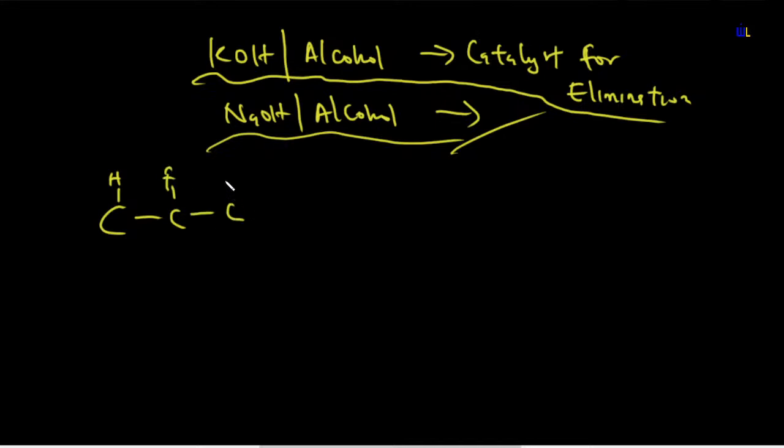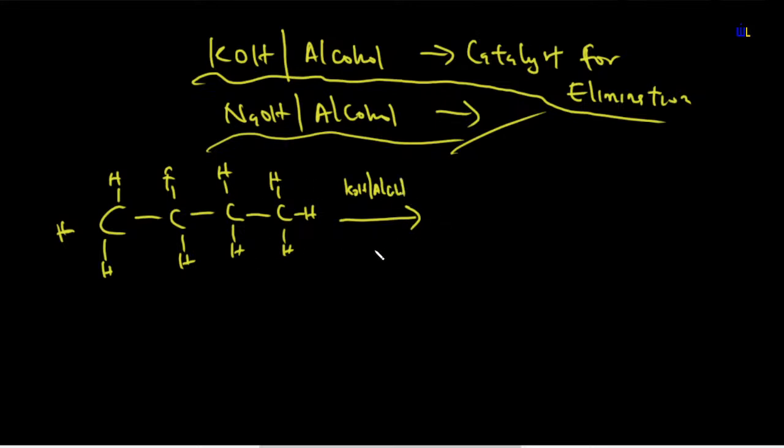So imagine you have an elimination of, let's say, fluorine with hydrogens on the adjacent carbons. And I want to perform an elimination reaction. Remember, the catalyst is KOH in an alcohol solution. Okay, so let's perform it.